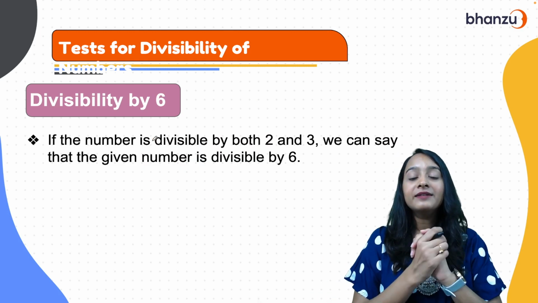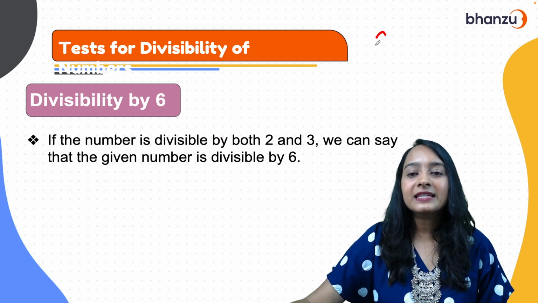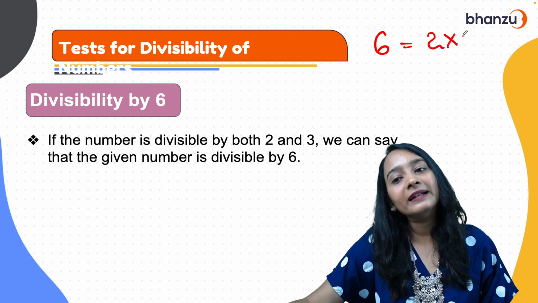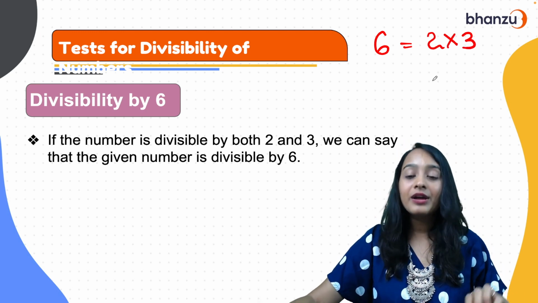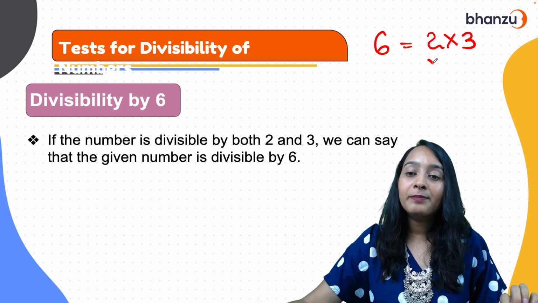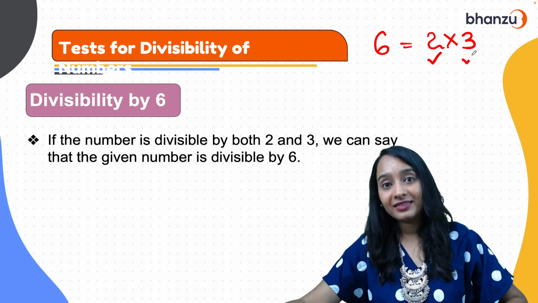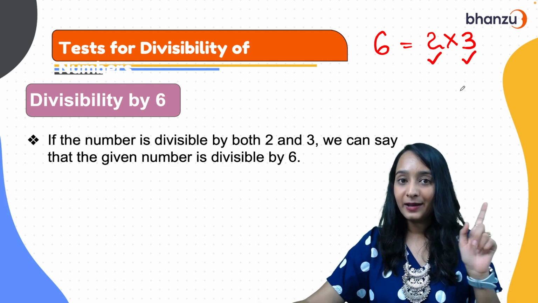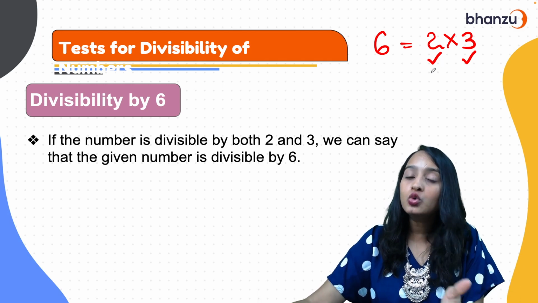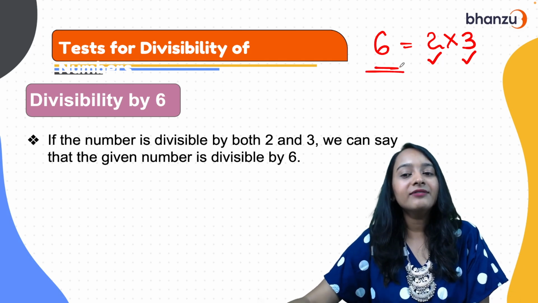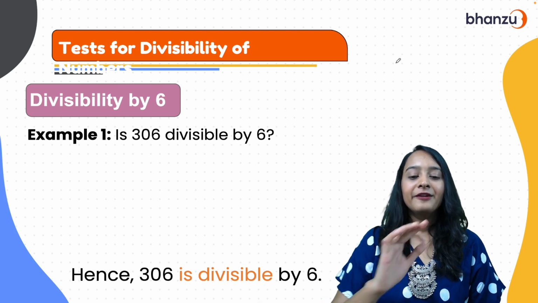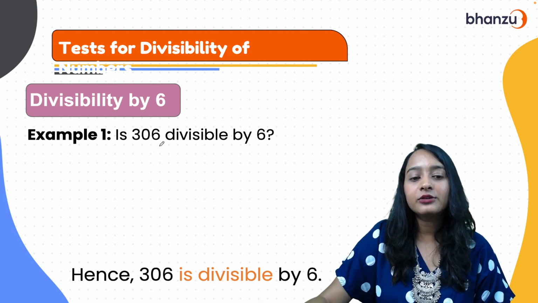And divisibility for 6. Now 6 can be written as 2 multiplied with 3. So if a number is divisible by both 2 and 3, then it will be divisible by 6. For example, 306.